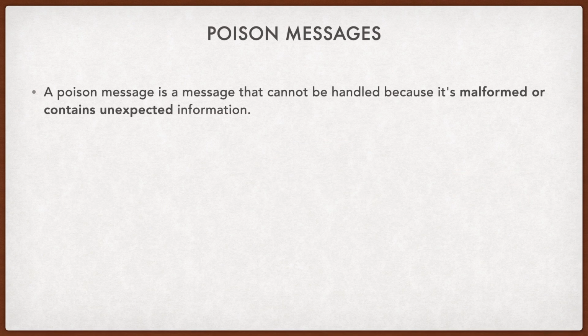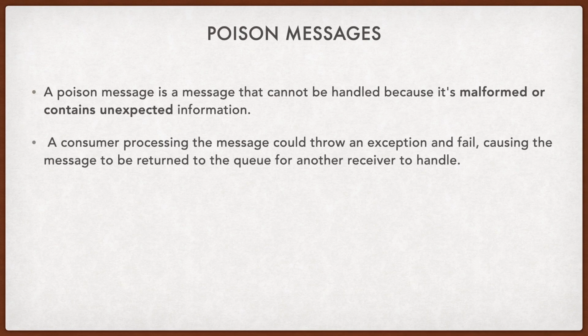Poison messages. A poison message is a message that cannot be handled because it is malformed or contains unexpected information. A consumer processing the message could throw an exception and fail, causing the message to be returned to the queue for another consumer to handle.